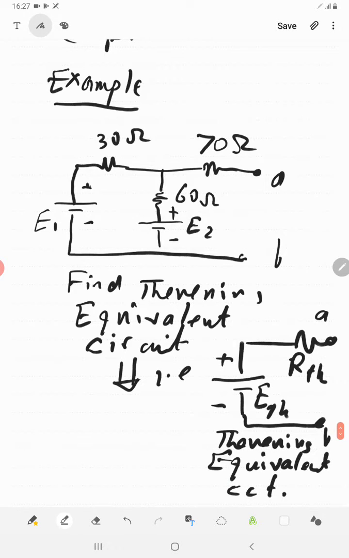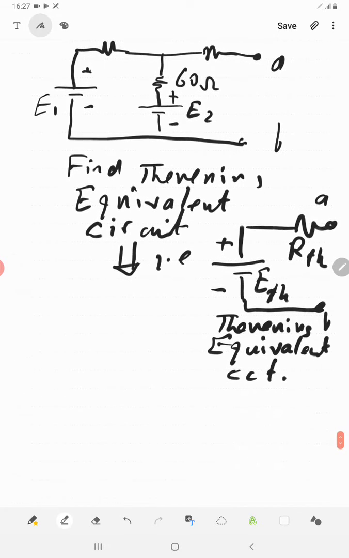Find E Thevenin and R Thevenin for this simple circuit. We can use source conversion if you like, or we can find it directly.